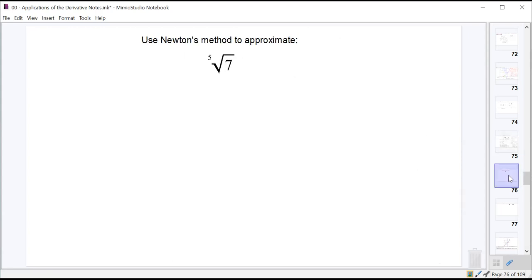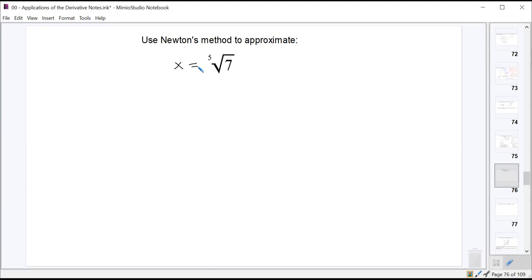So let's take a look at another one. We want to approximate the 5th root of 7. Well, in order to do that, we have to think a little bit about the function that we might want to use here. We want the x value that we're getting to be the 5th root of 7. So we have to develop an equation that has the 5th root of 7 as its root.